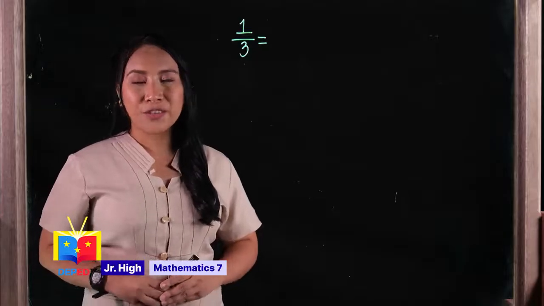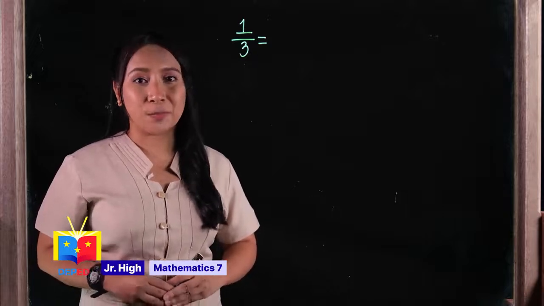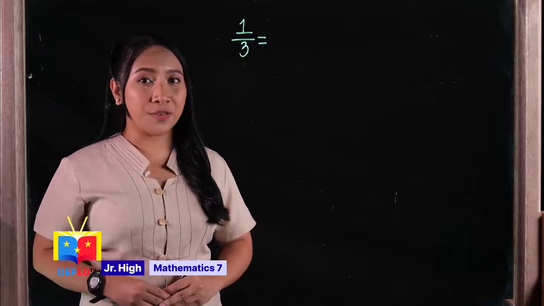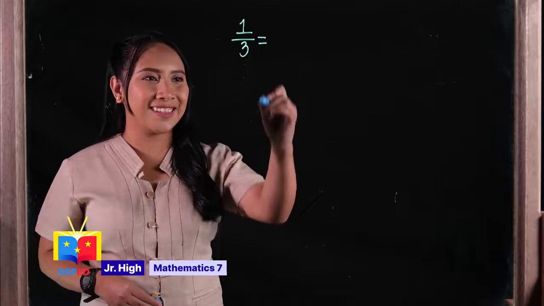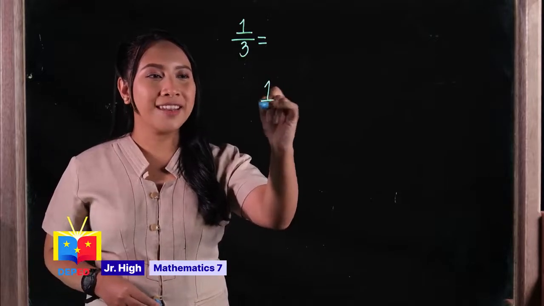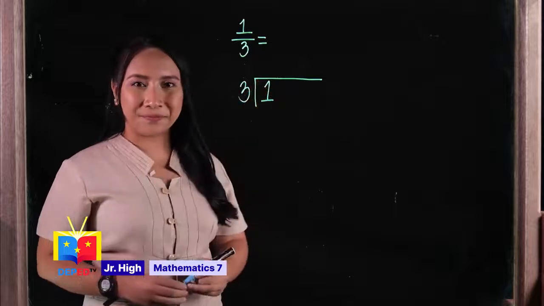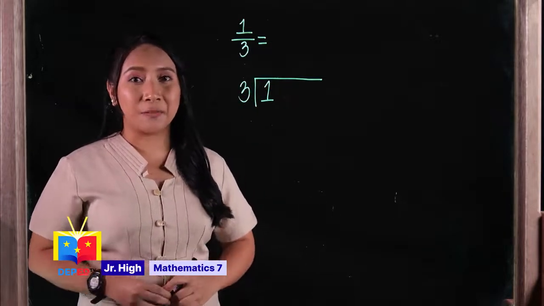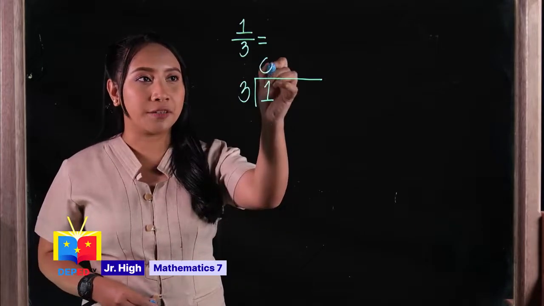Let's express 1/3 as a decimal. Since 3 cannot be expressed as a power of 10, we can simply divide the numerator by the denominator. So that is 1 divided by 3. Since 1 cannot be divided by 3 equally, we are going to put 0 here.